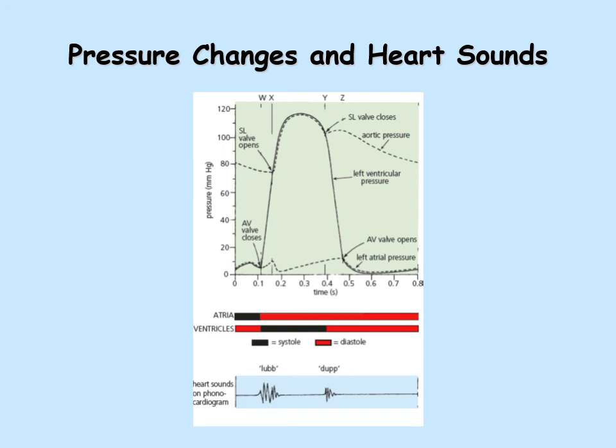The second sound of the heartbeat, the dup, if you follow the dup up to the graph, up to about 0.4 seconds, that occurs when the SL valves close. So when the SL valves close, that creates that second sound of the heartbeat.